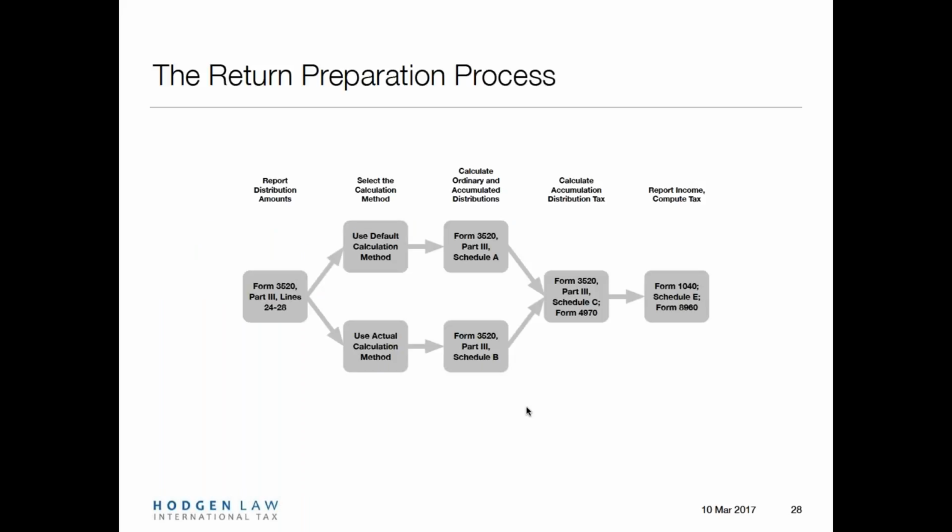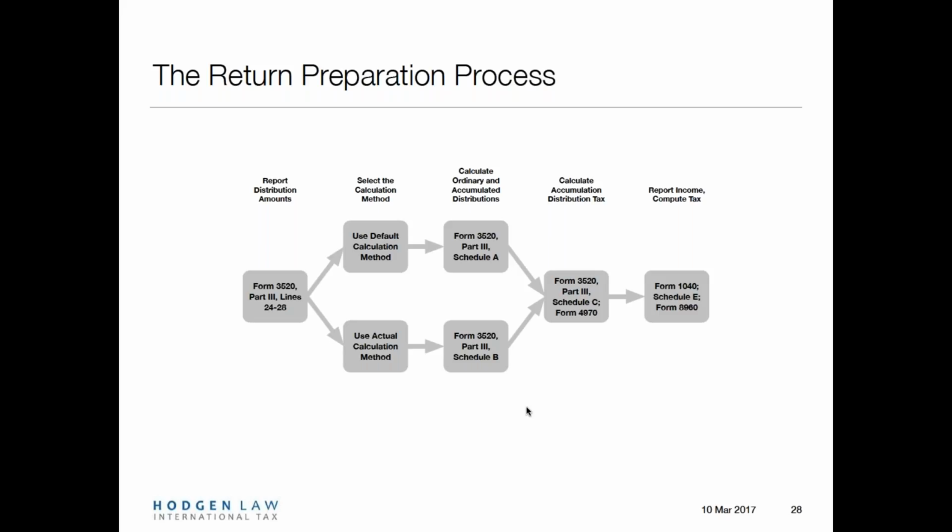And here on slide 28 is my process. You start on Form 3520, Part 3, these lines 24 through 28. And this is where you just report the value of distributions received, whether they are use of trust-owned property in kind or loans that are treated as distributions or distributions.